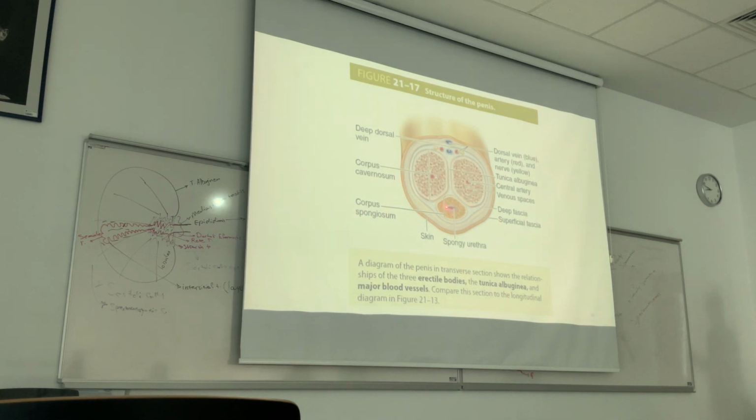In the middle of the corpus spongiosum, we have the penile urethra, or spongy urethra, and the corpus cavernosum and corpus spongiosum are covered with tunica albuginea, irregular dense connective tissue.